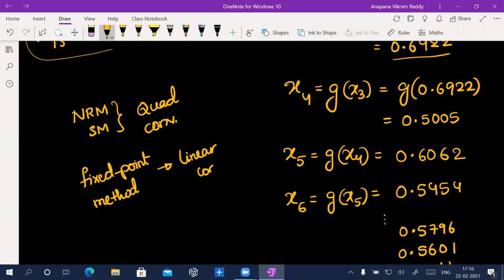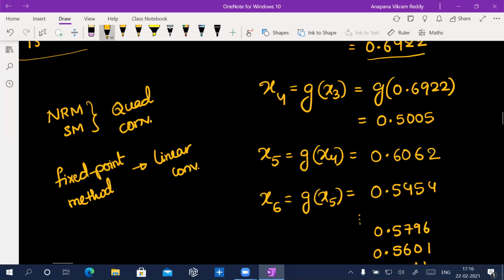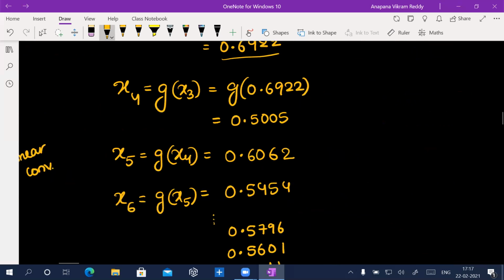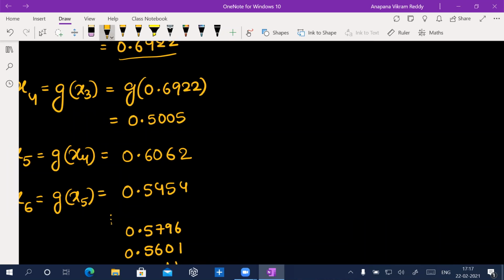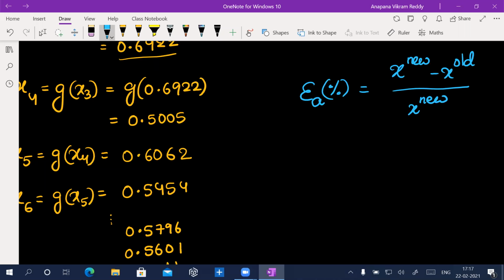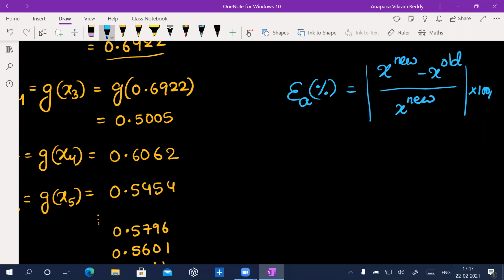So how do you come to know whether it is linear convergence or not? Just take epsilon A in percentage, which is equal to present minus previous by present, multiplied by 100.